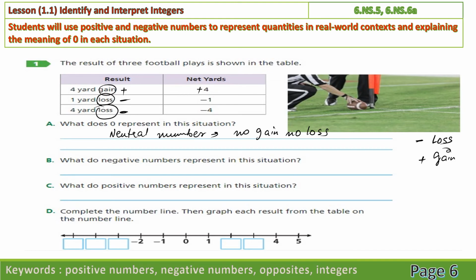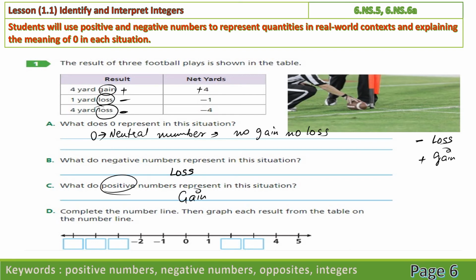So 0 is a neutral number, which means no gain, no loss. What do negative numbers represent in this situation? Of course, we know that they represent loss. And positive numbers show gain, right?